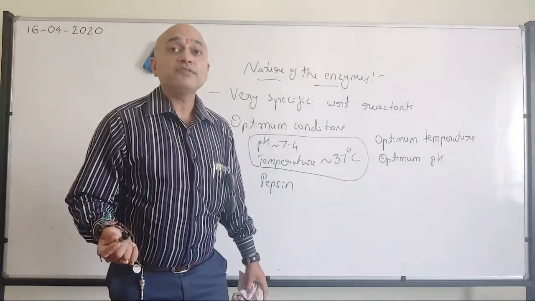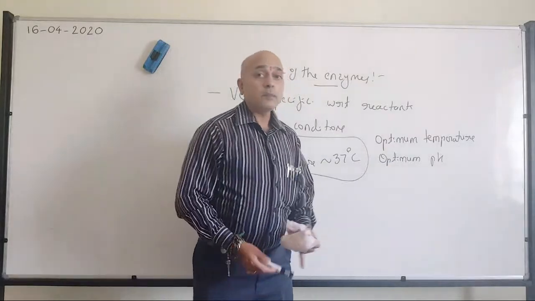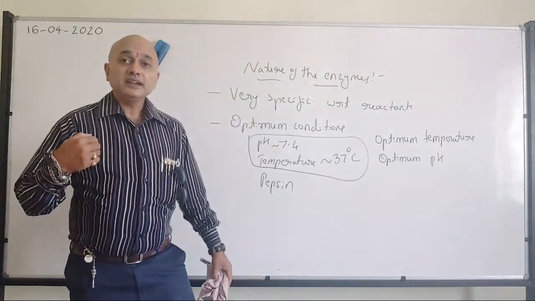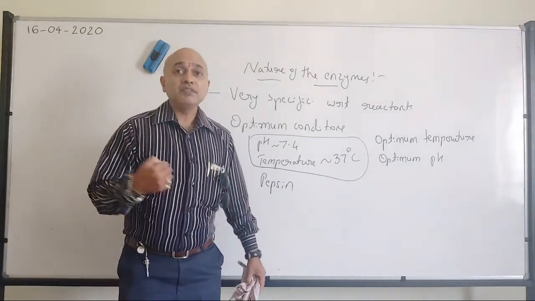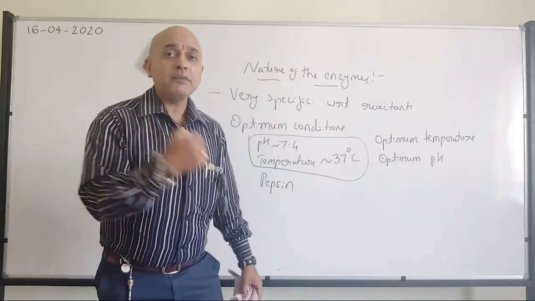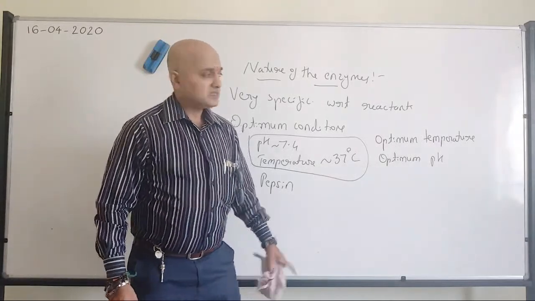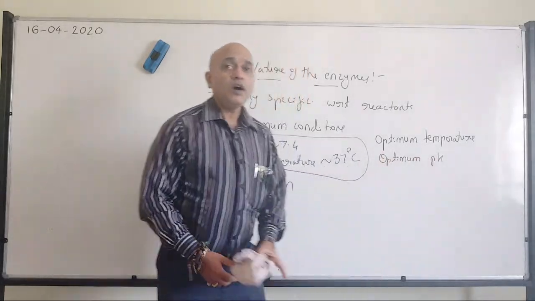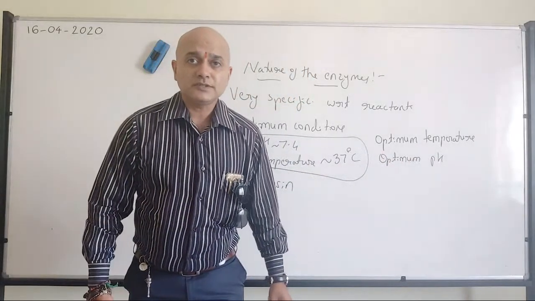That's how I can define it. Now, what is optimum temperature? Optimum temperature is the temperature at which a given enzyme will have maximum or optimum activity. The same definition is applicable for optimum pH also.